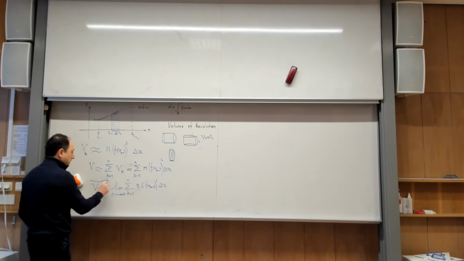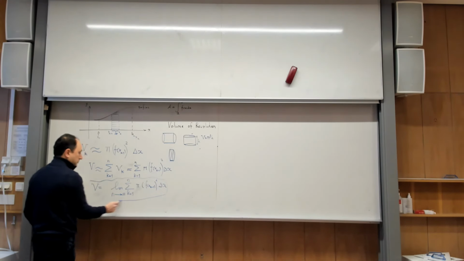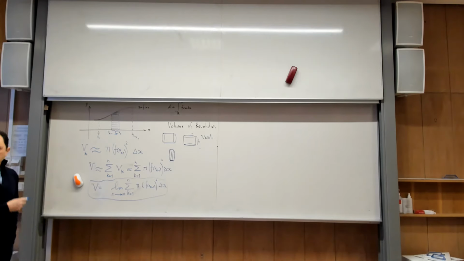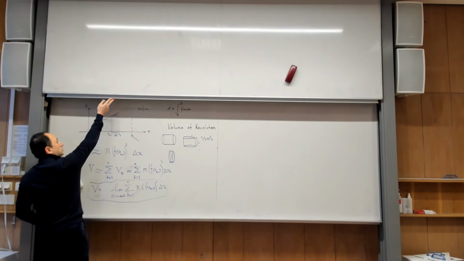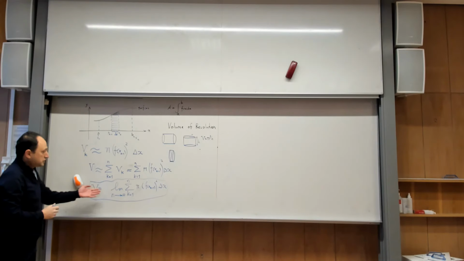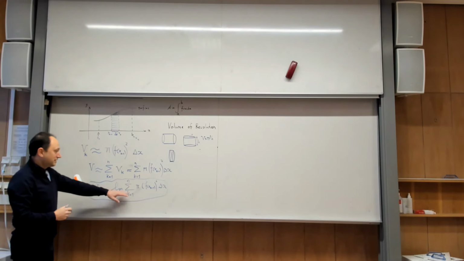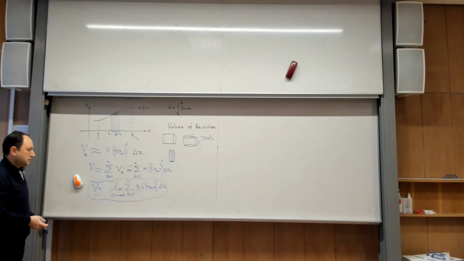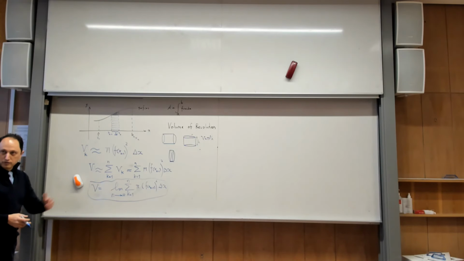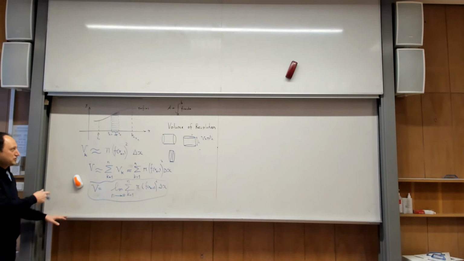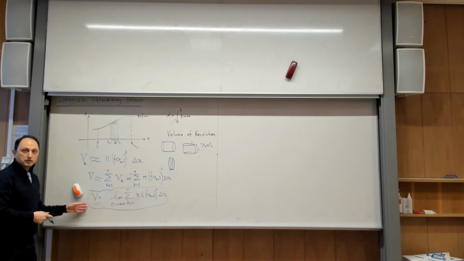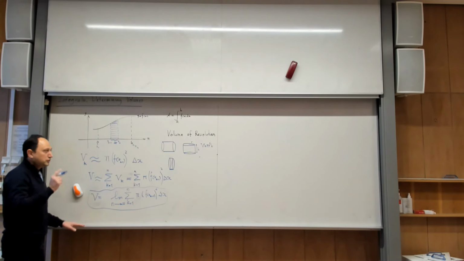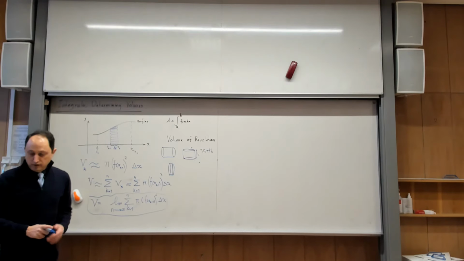I'm just making this plausible for you. So this seems a plausible candidate for that volume. Is it clear so far? I want you to understand the process, because just memorizing the formula is not very helpful. Any questions here?